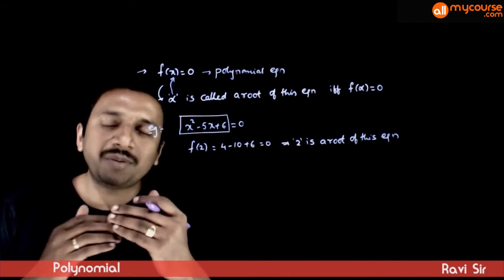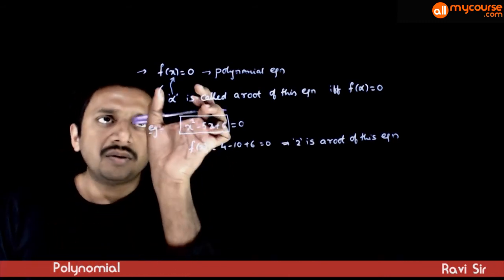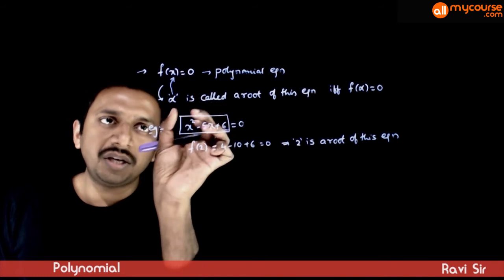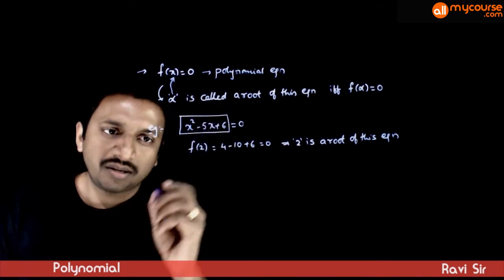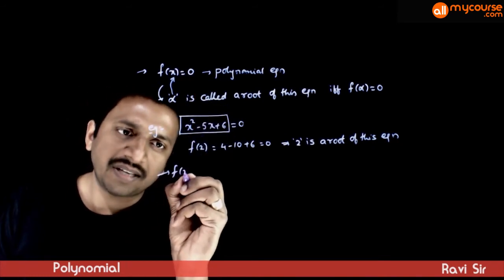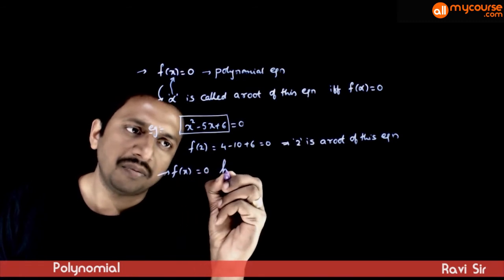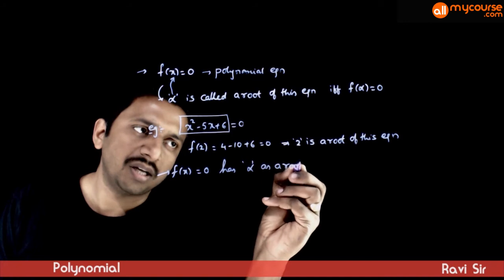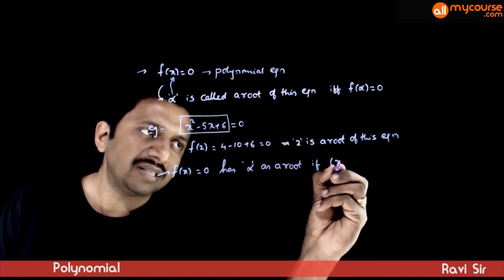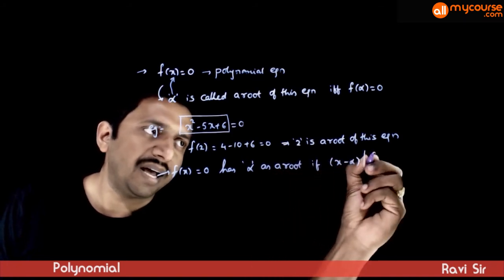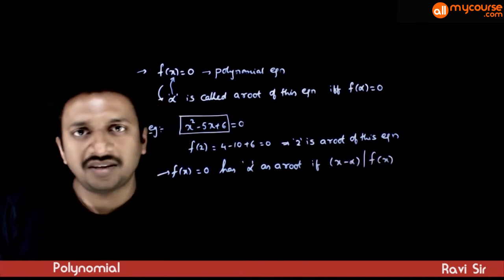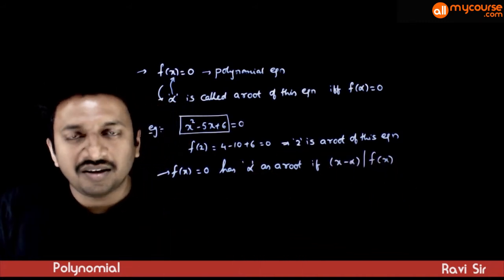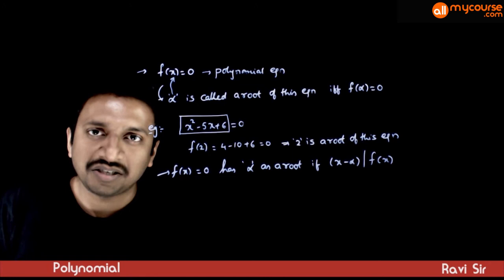So what is another interpretation of the root? f of x is equal to 0 has alpha as a root if x minus alpha divides f of x. Can I say this? Yes, from the remainder theorem and factor theorem.